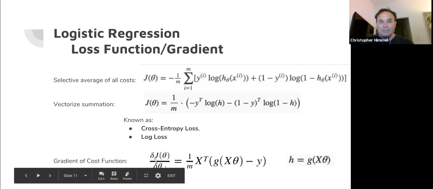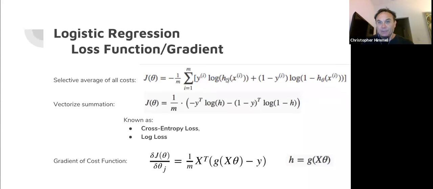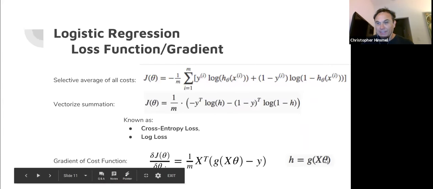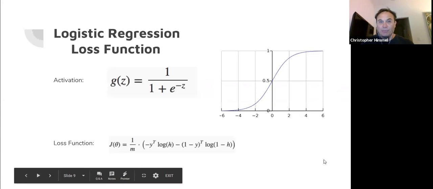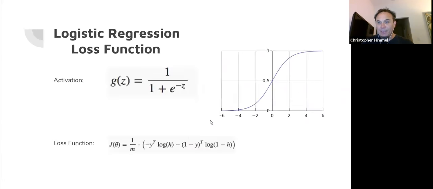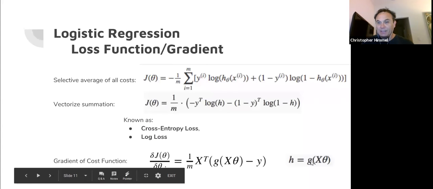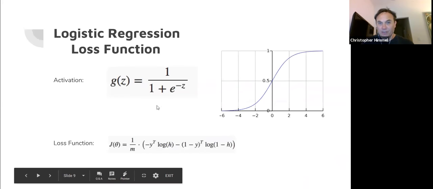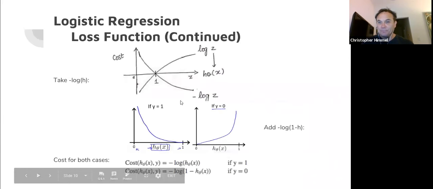So if we take the derivative of J with respect to theta, and remember h is x theta, which, if we go back, we multiply all these times the w's, that gives us our x theta. And then we're passing it through a g, which was our activation function.